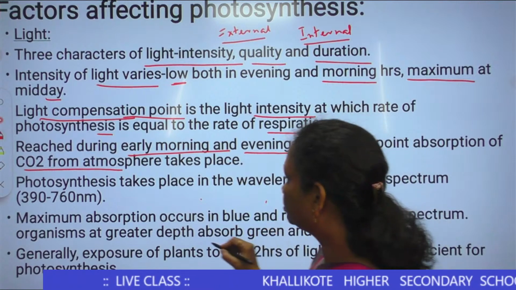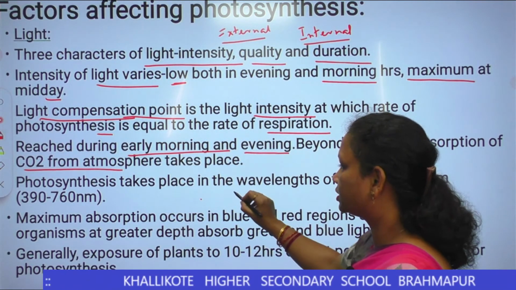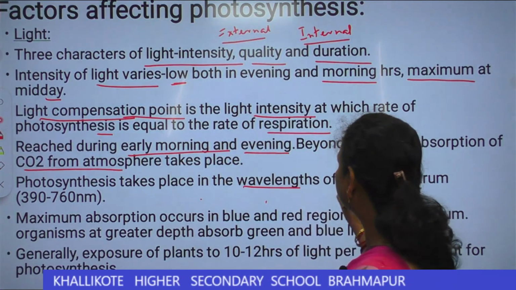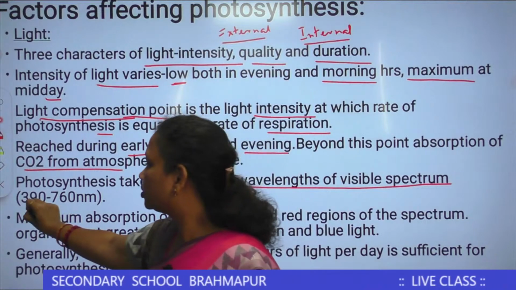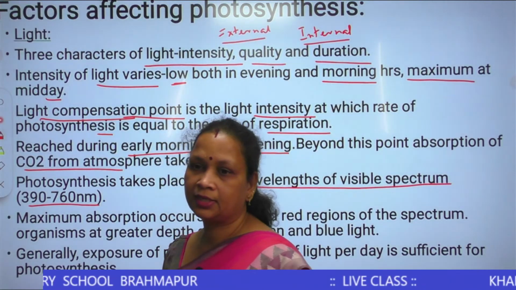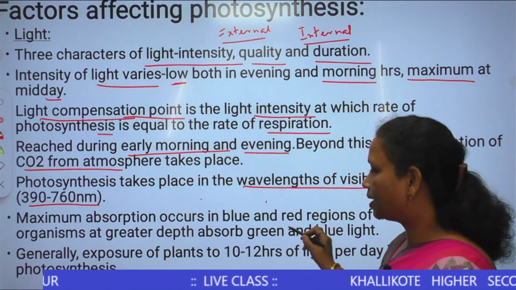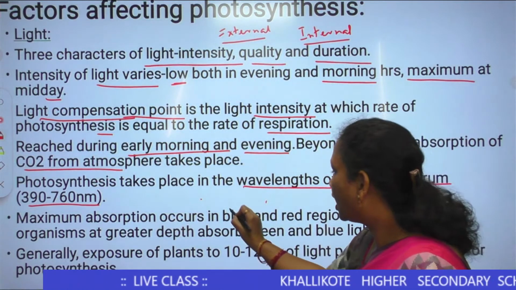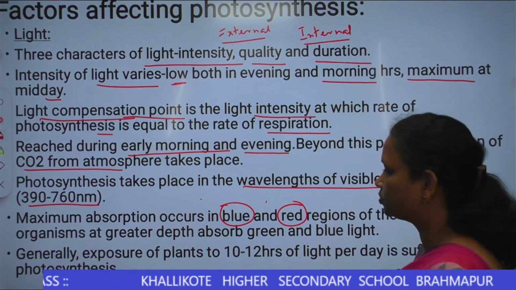Coming to the quality of light, photosynthesis takes place in the wavelengths of the visible spectrum, which is normally between 390 to 760 nanometers. Maximum absorption, as we know, occurs in the blue and red regions of the spectrum.